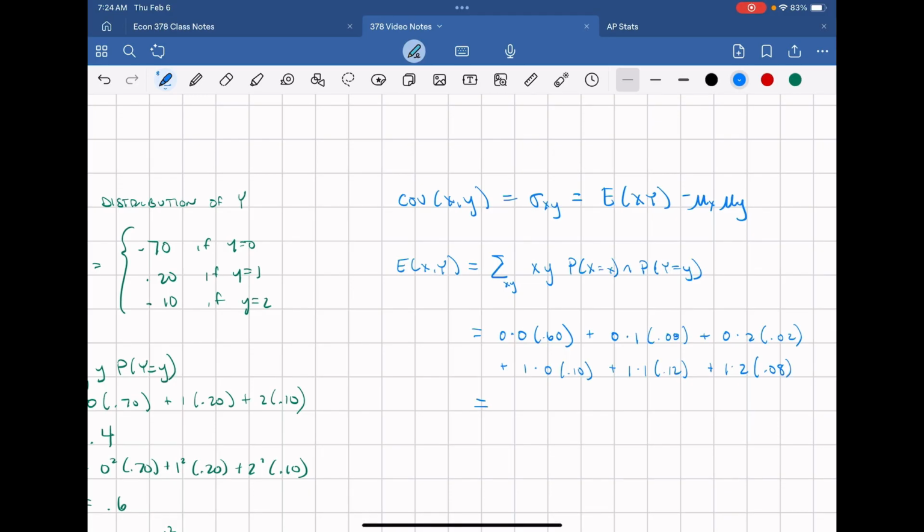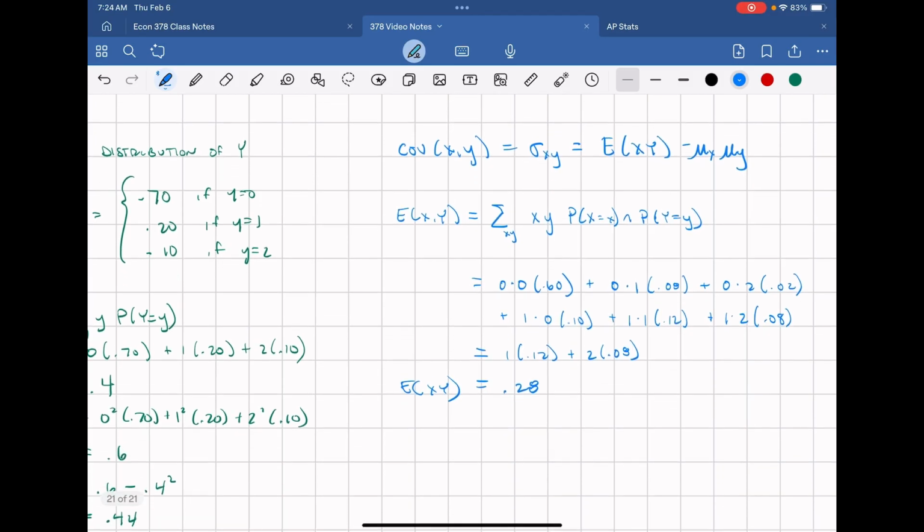So I add those up, and what I'll get is 1 times 0.12 plus 2 times 0.08. And this is equal to 0.28. So that is the expected value of xy.